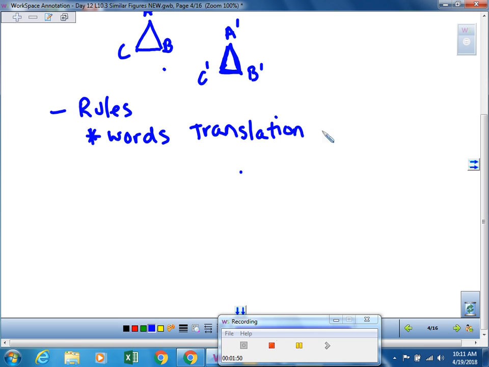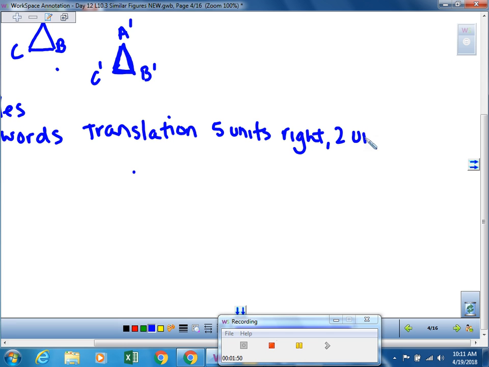And then you would say, like, translation, 5 units, maybe we're going right, and 2 units down. I still saw a couple people without the word unit. You need to tell me unit.